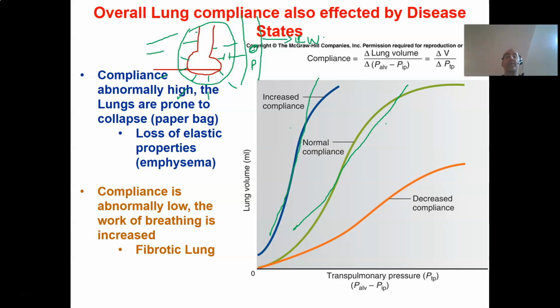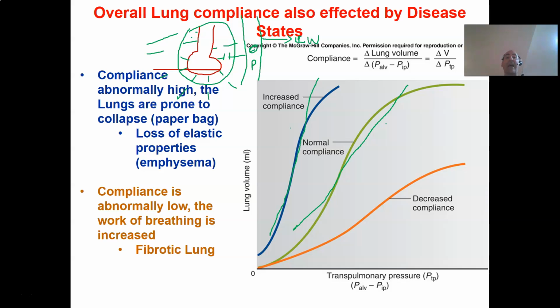So when an emphysemic patient goes to take in a breath, it's very, very easy compared to you and me. The problem with them is when they go to expire. You and I who have normal lungs use a passive mechanism. We turn off our diaphragm, and then the elastic properties of the lung allow it to compress back to its original form, and you expire.